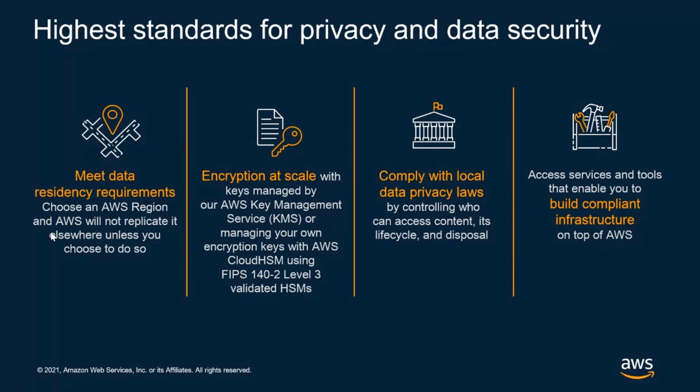We do comply in the regions we operate in with all local data privacy laws by controlling who can access the content, its life cycle, and its disposal. And finally, as I mentioned, a huge array of tools and services that allow you to build compliant infrastructure on AWS.